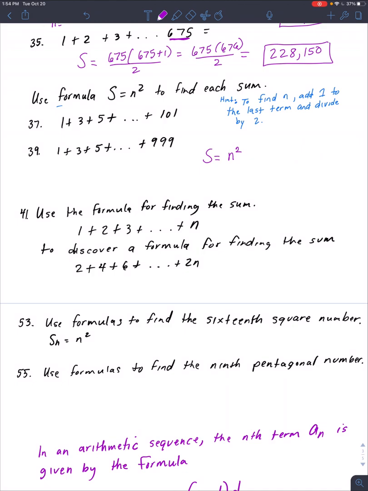In this case, it's going to be 999 plus 1, which is going to be 1,000, divided by 2, so it's 500 terms. So n is equal to 500. So this one, s is equal to 500 squared, which is 250,000. So just plug it into a formula there.